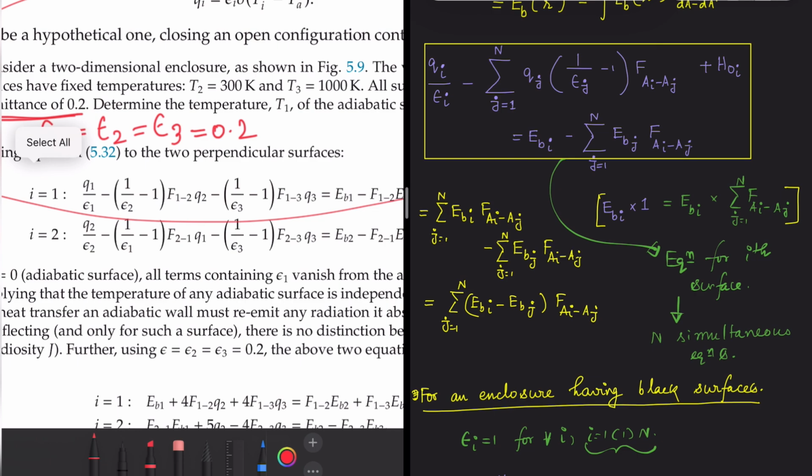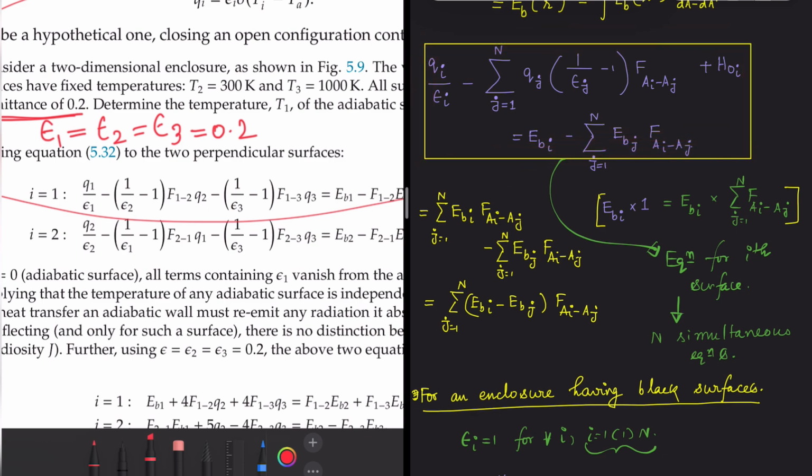I have already told you that T1 is correlated with EB1 by sigma: EB1 is equal to sigma T1 to the power 4. So if you need to find T1, in other words, you need to find EB1. So how can you find EB1? See, you have these equations.